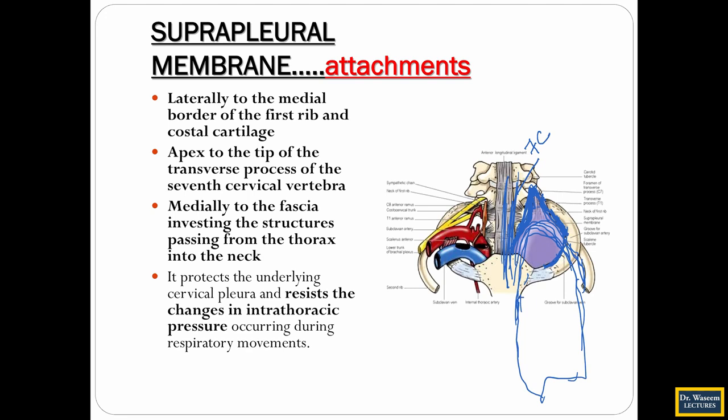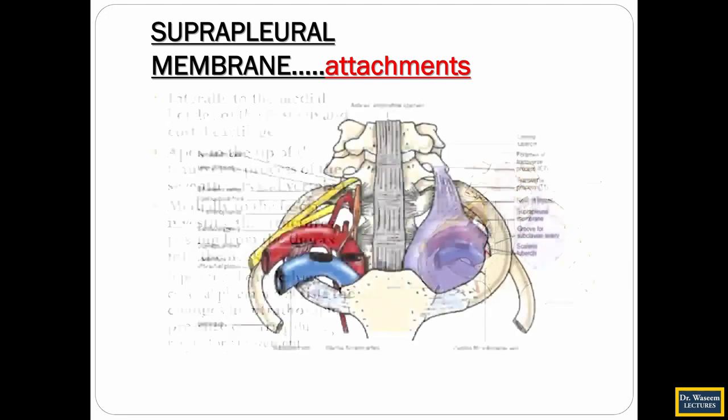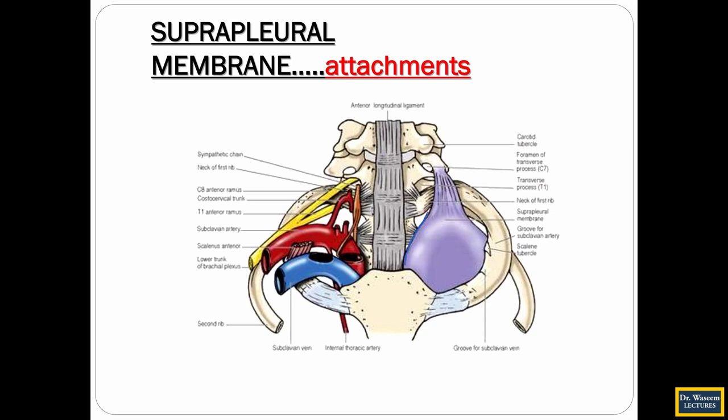So, under that it will be like here. We will show you what other structures will come under this, but this is what we call the suprapleural membrane, its attachment. You are watching this. Lateral and medial attachment, and apex. And this will stay there, meaning if you are expanding the lung, it will come here and go down, come here and go down like here. So, this will be staying permanently.